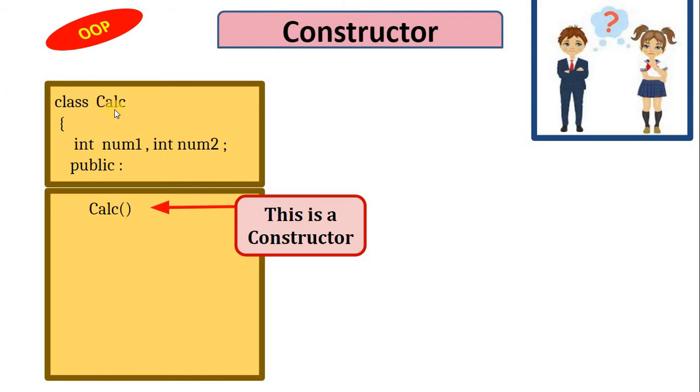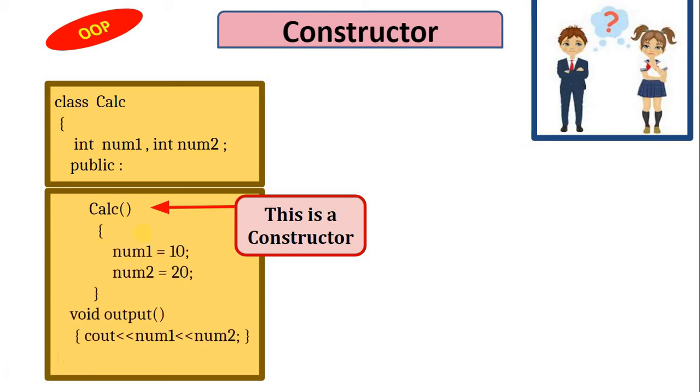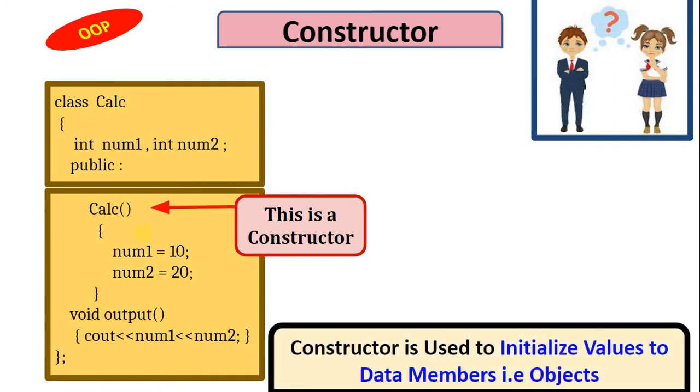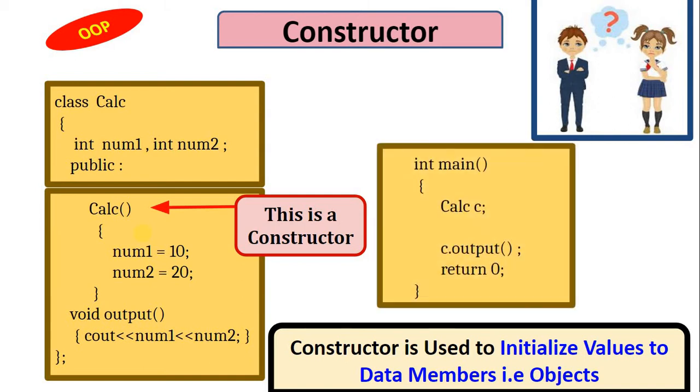Your class name is calc and your constructor name, which is a function, is the same as that of the class, and you initialize the values inside the constructor as num1 is equal to 10 and num2 is equal to 20, and display these values. So a constructor is used to initialize the values of the data members, in short, of the objects. Now you create the object c of calc and use c.output and return 0.